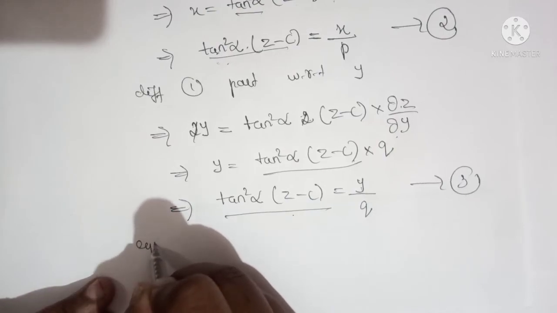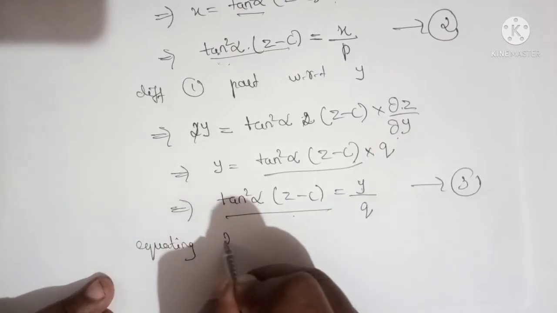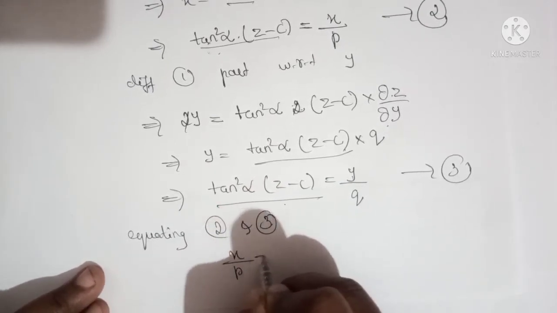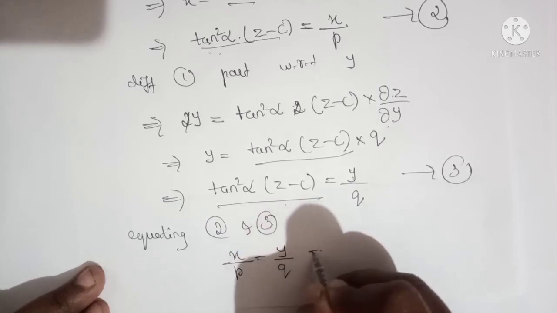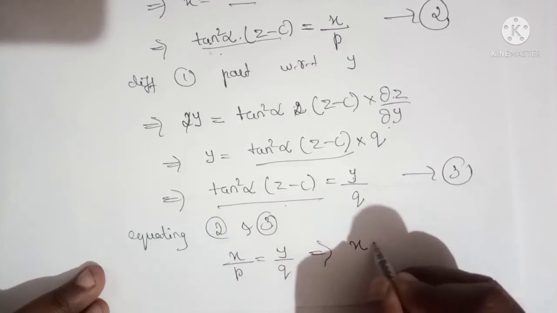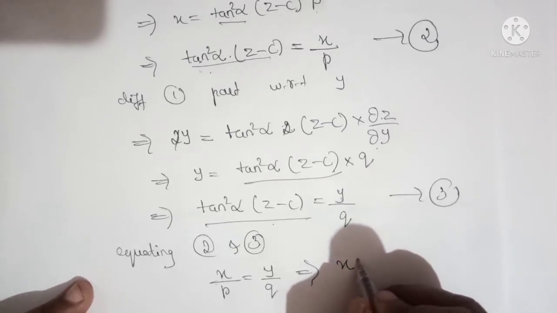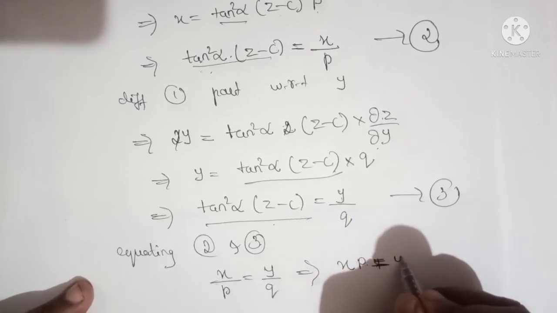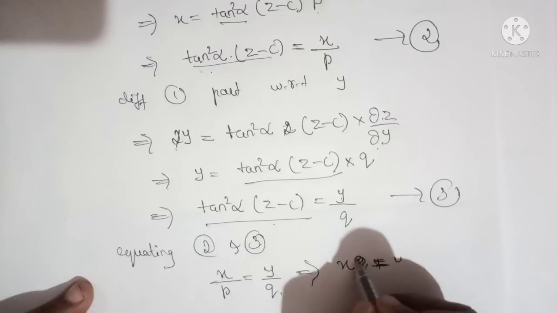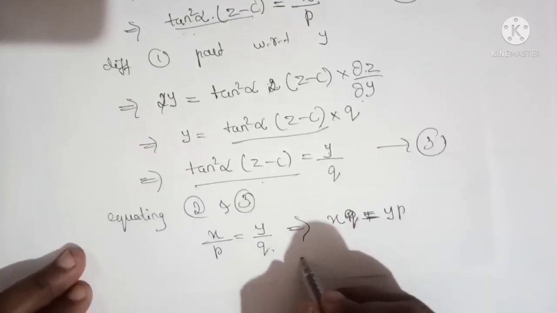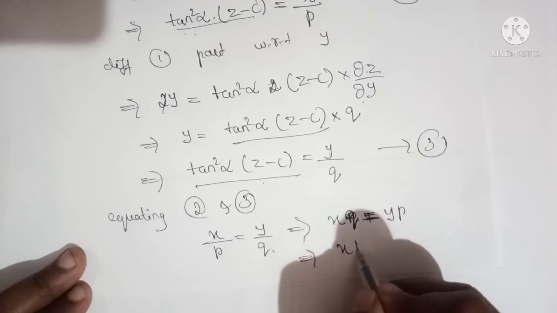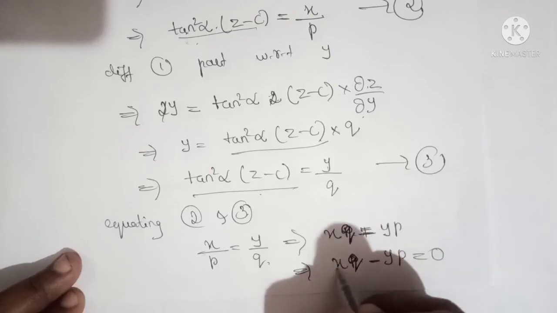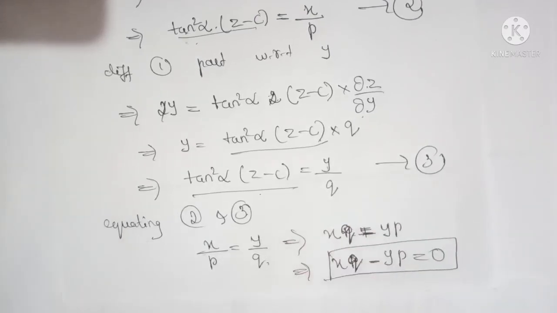Equating equations 2 and 3, we get x divided by p equals y divided by q, or it can be written as xq equals yp, that is xq minus yp equals 0. So this is the required PDE.